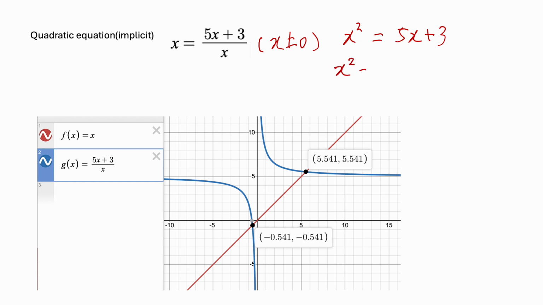So x squared minus 5x minus 3 equals 0, and then we can solve from here. Or we can just, without doing any manipulation of the equation, get the precise solution from the graph.